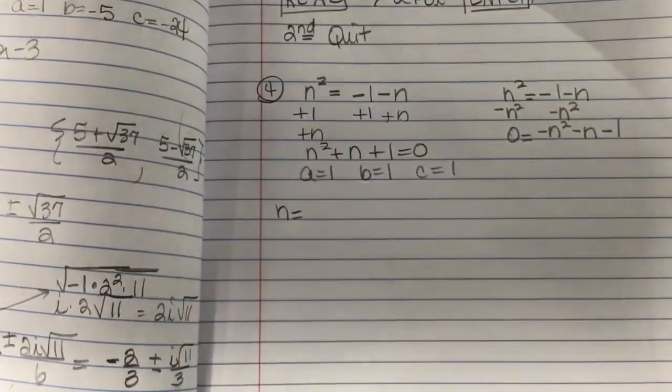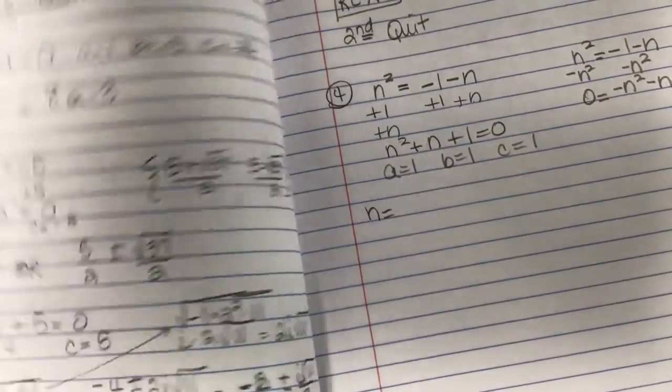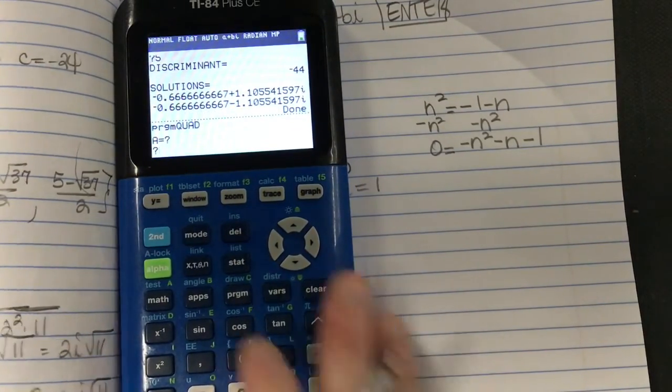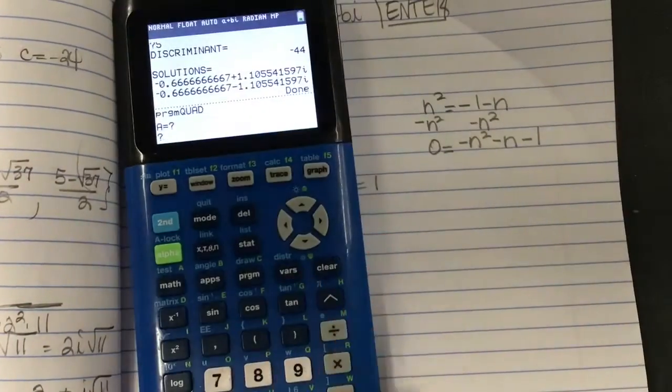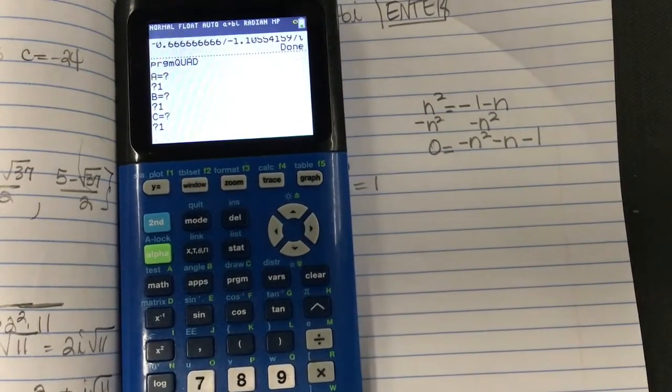N equals, some of them don't look too bad. Some of them look pretty yucky. Enter 1, 1, 1. Oh, that's a lot of numbers.